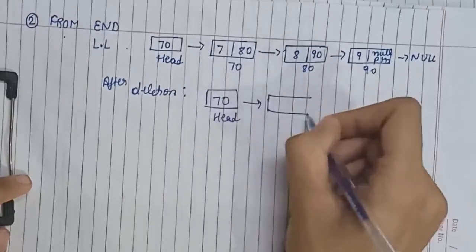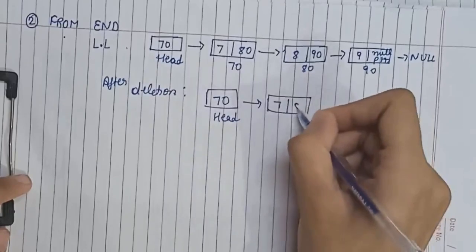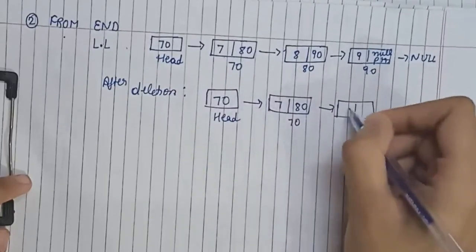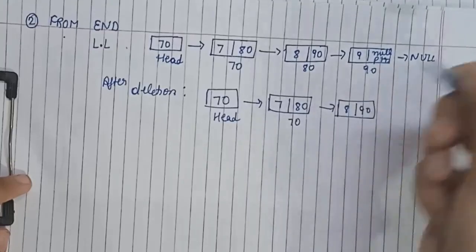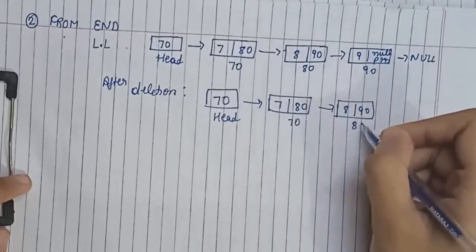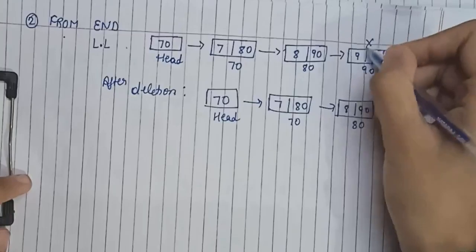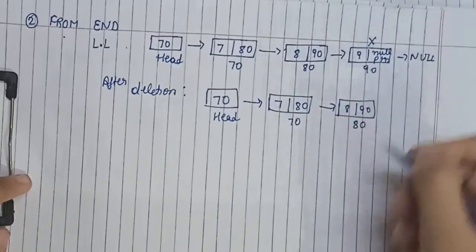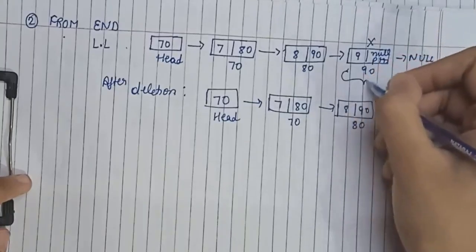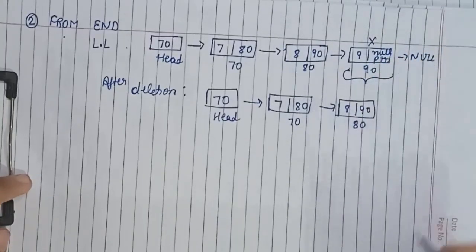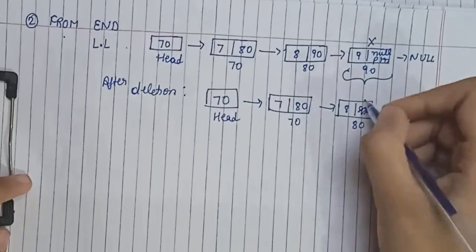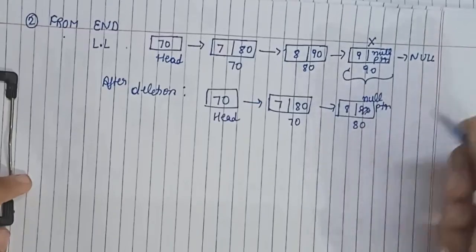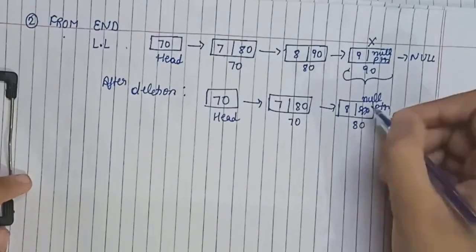Here we have the first node which is this, and again the second node. Since this is deletion from the end, the last node, the node at the end of the linked list, will get deleted. So now this node is deleted. Here we will be having the null pointer, because we know that at the last node of the linked list we have a null pointer.